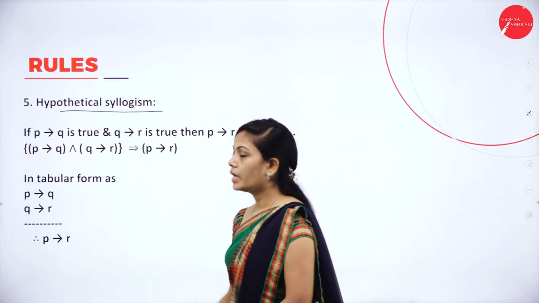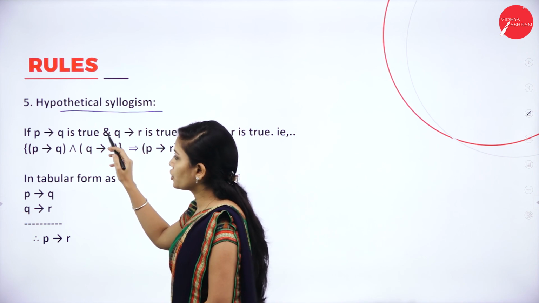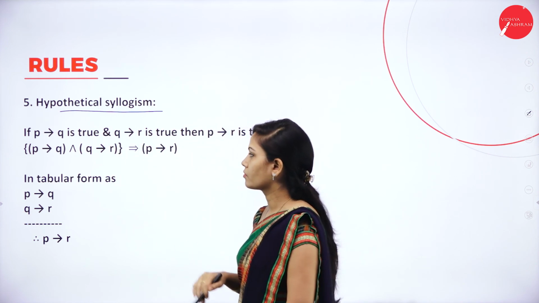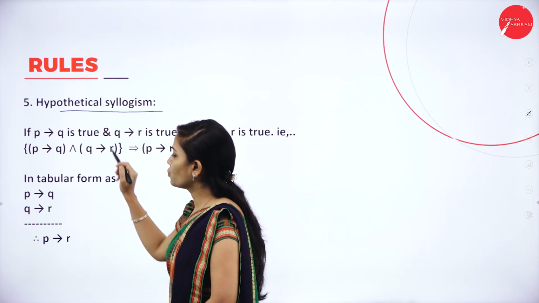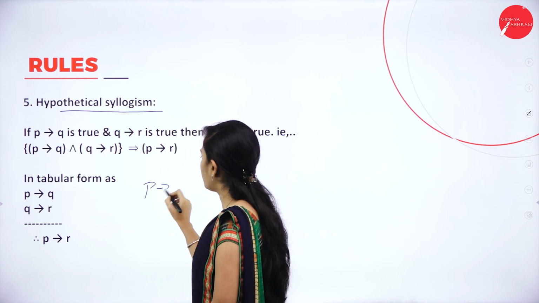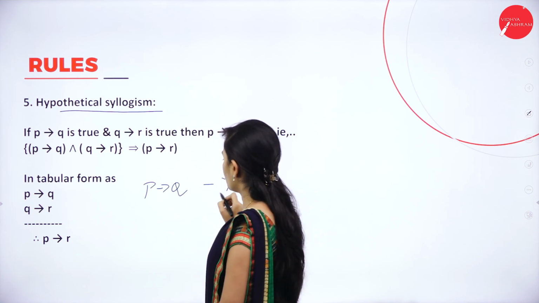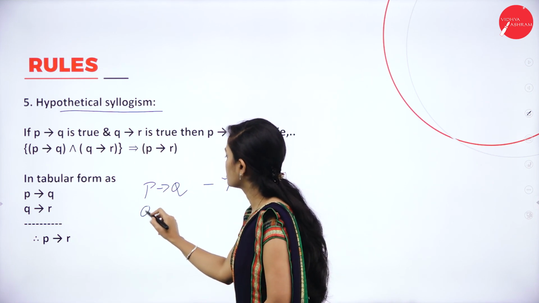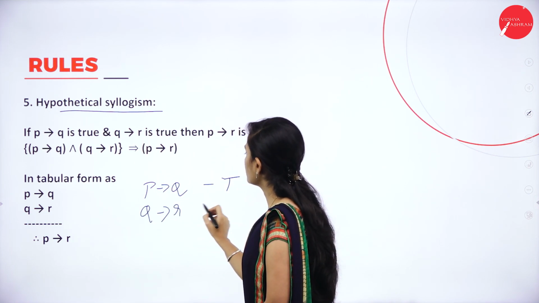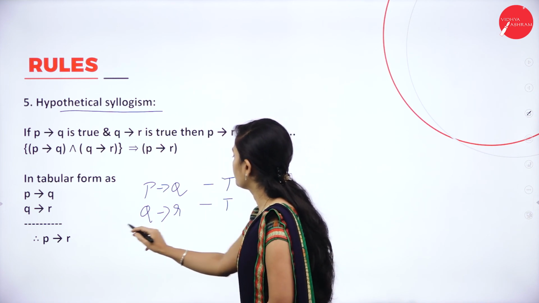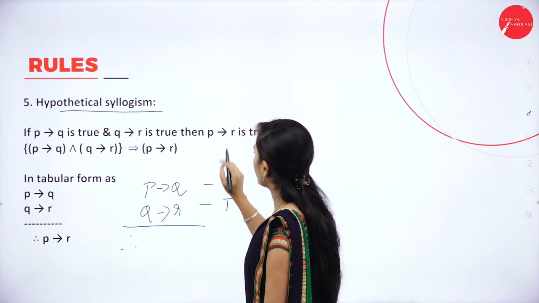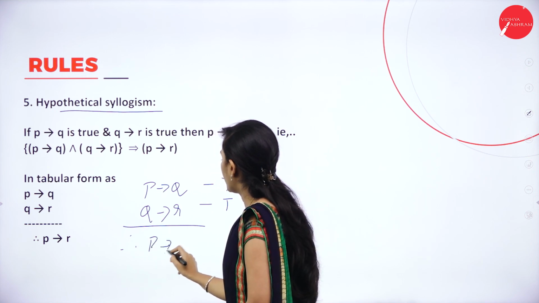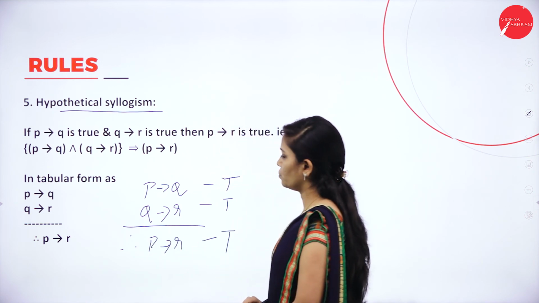Hypothetical syllogism. Here, if P implies Q is true, and Q implies R is true, then the conclusion is P implies R is true.